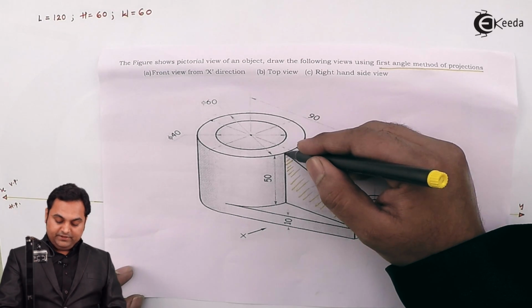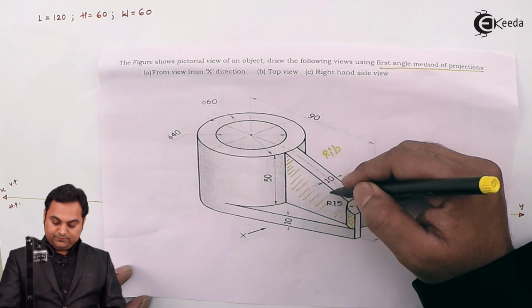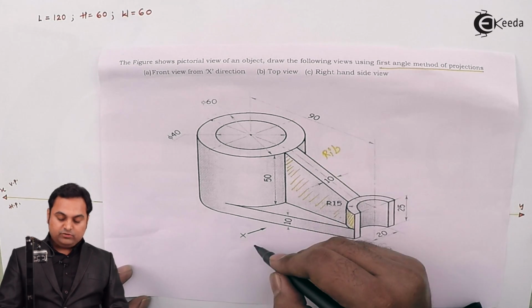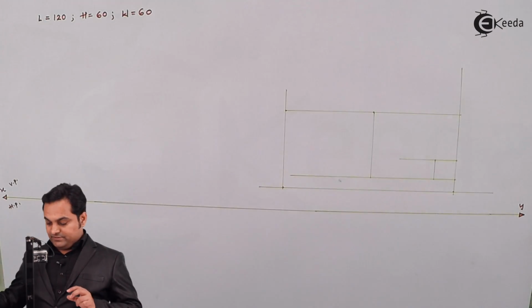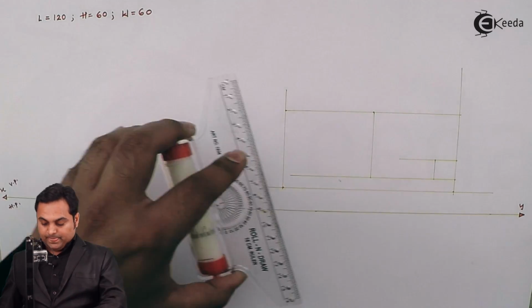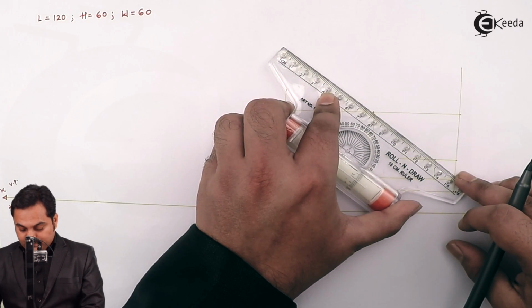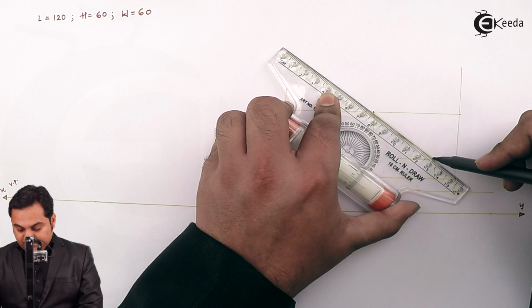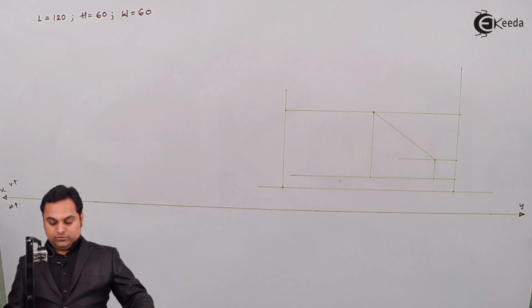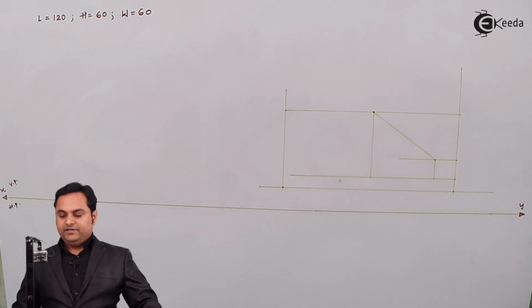It is extending from the cylinder up to this semicircle, and when we are looking from the front we can draw it directly joining the centers. That is, it will be connected in this way. The top of the cylinder will be connected to the top of the semicircular part. So this is the visible front view which we are getting.